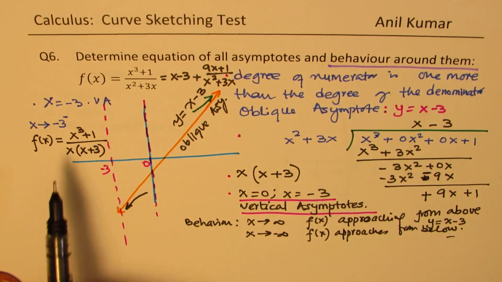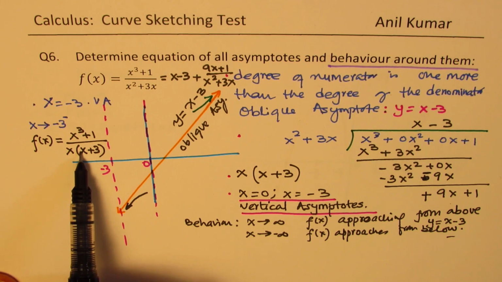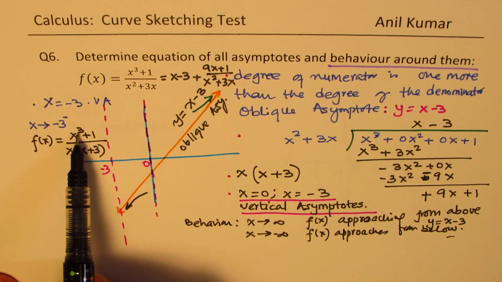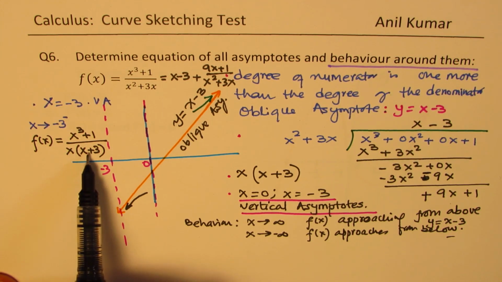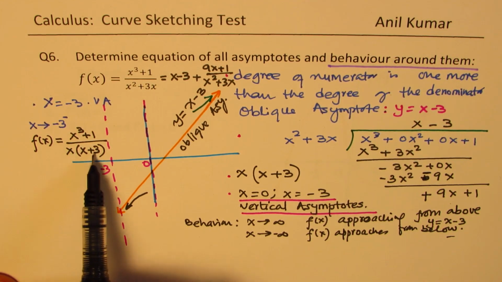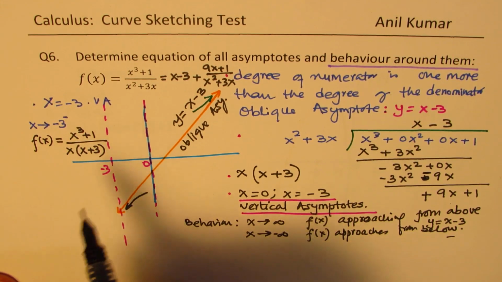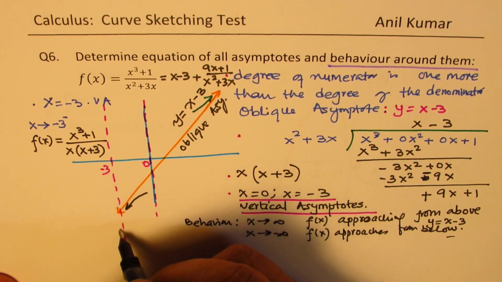Right. Now, if I have a number which is more negative, in that case we have negative on the top, right? x is negative, and this term is also negative. So we have 3 negatives, right? If you have 3 negatives, that means you're approaching from this side, negative, on the vertical asymptote.